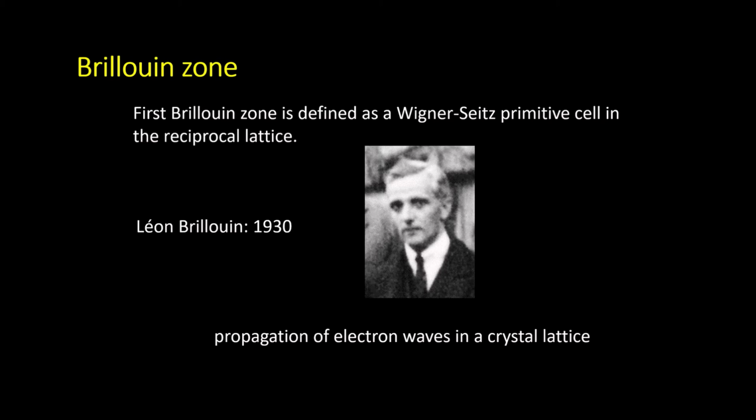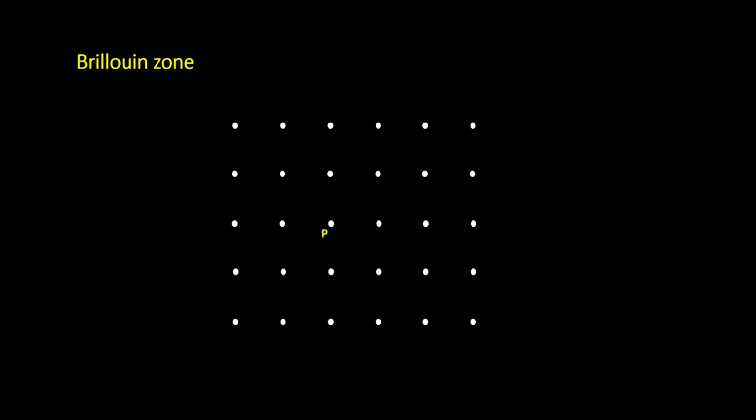So let's see how to construct a Wigner-Seitz cell in two-dimensional reciprocal space or K space, which is in fact the first Brillouin zone. The first step is to use the real space lattice vectors to find the reciprocal lattice vectors and construct the reciprocal lattice. This we have seen already in the previous class. Suppose this is the resulting reciprocal lattice in 2 dimensions.